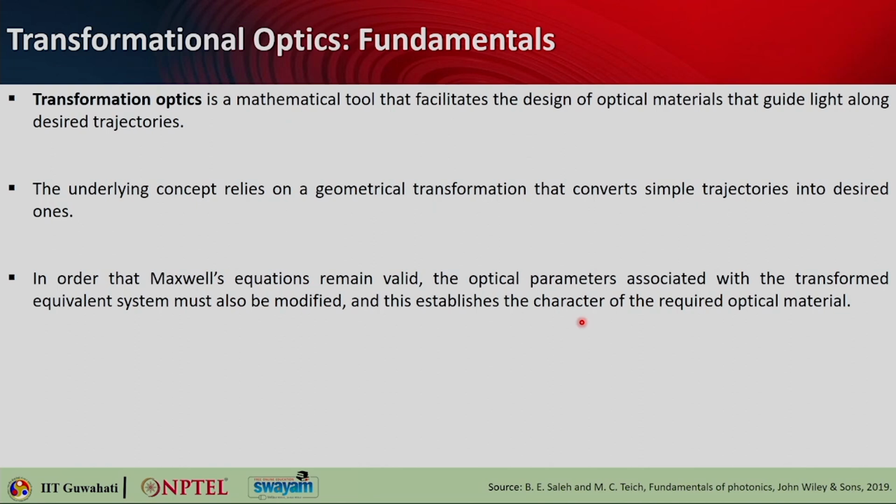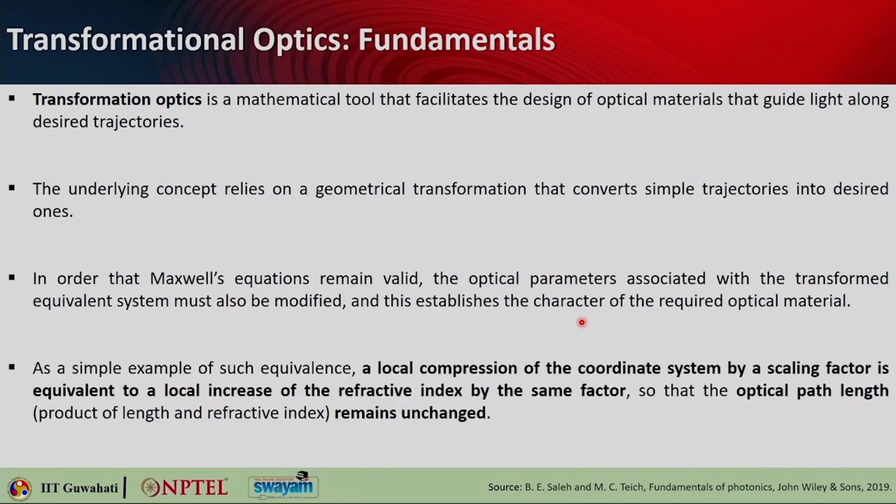So you require a new kind of material to do this trick for you. As a simple example of such equivalence, you can think of a local compression of the coordinate system by a scaling factor, which is equivalent to a local increase in the refractive index by the same factor.